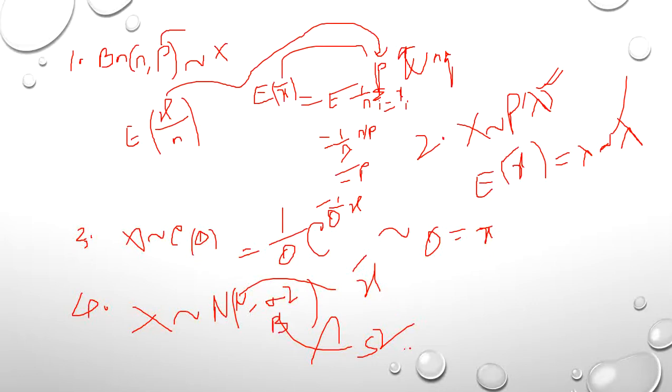When s square has 1 divided by n minus 1, the sample variance, then it becomes an unbiased estimator. So the population variance is not an unbiased estimator, but the sample variance is. These are some examples. From the next video we can get clearer about unbiasedness.